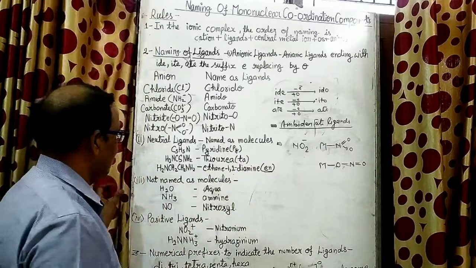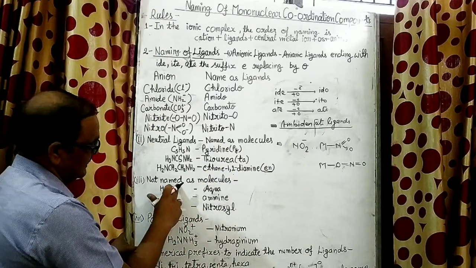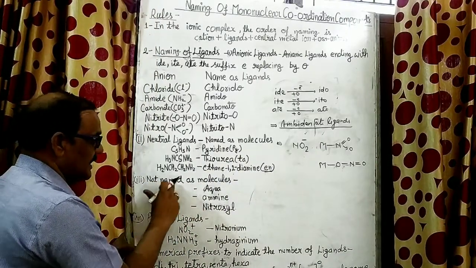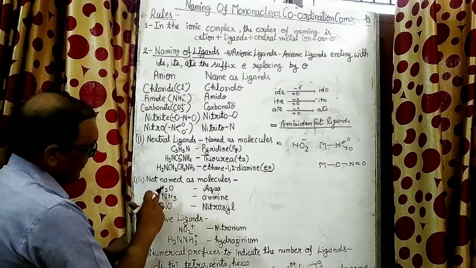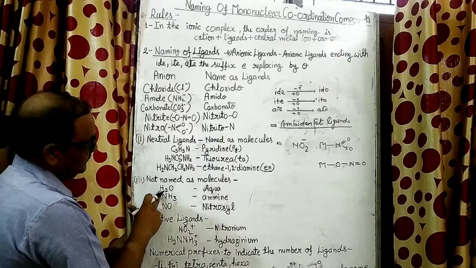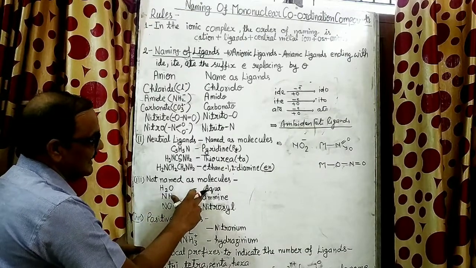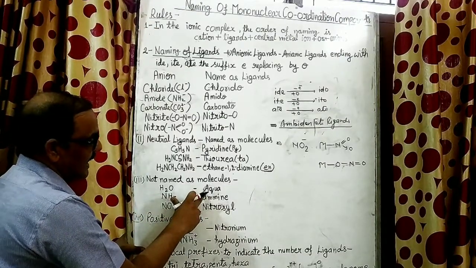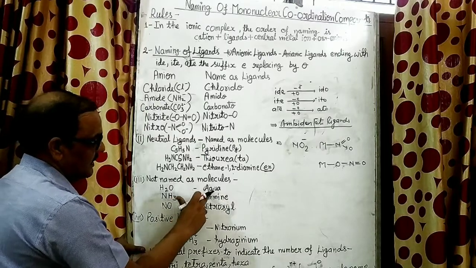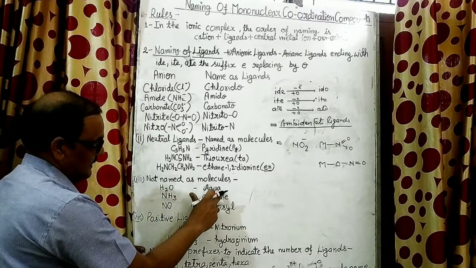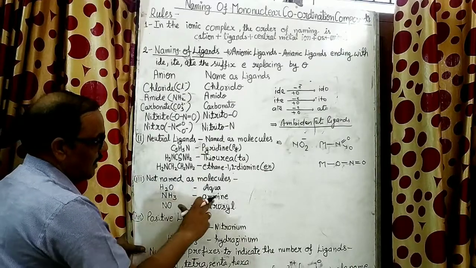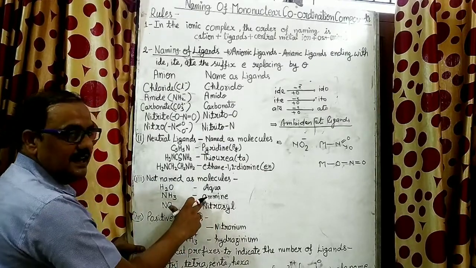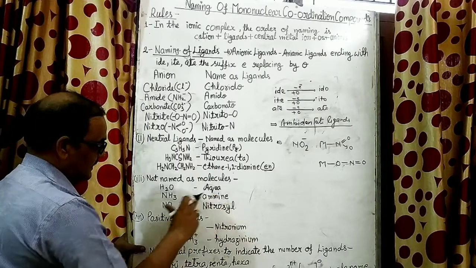But the next type of neutral ligands are not named as a molecule, like H2O, as a ligand's name, aqua. Next, NH3, ammine.